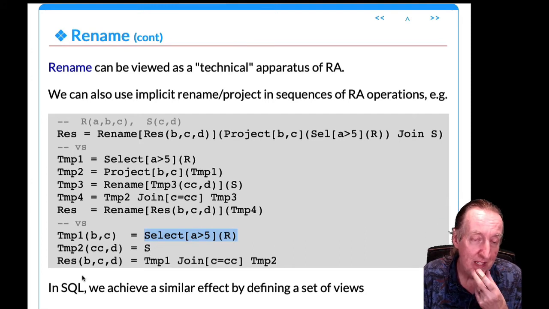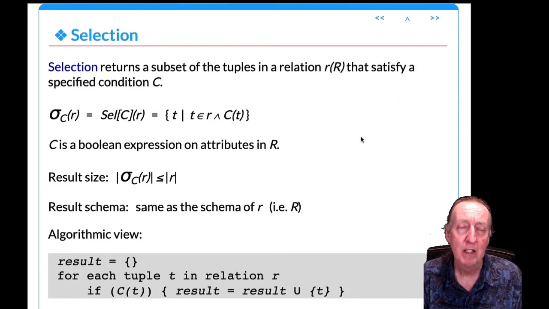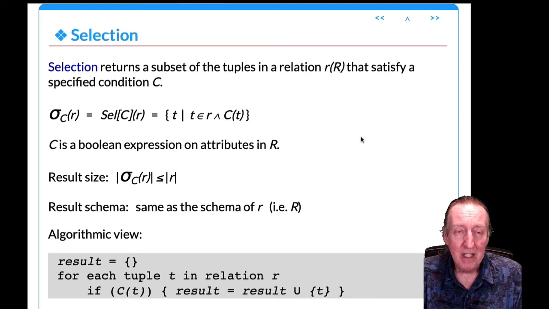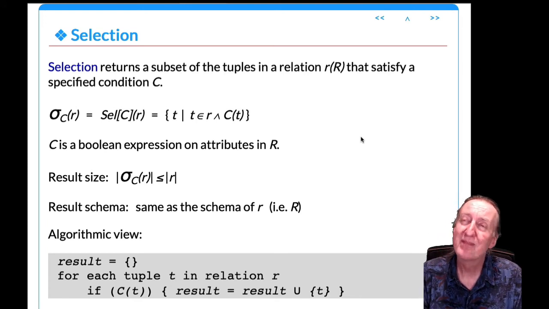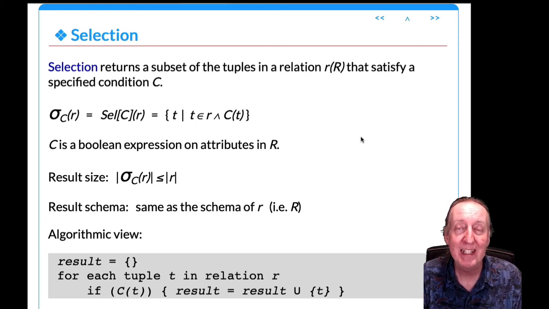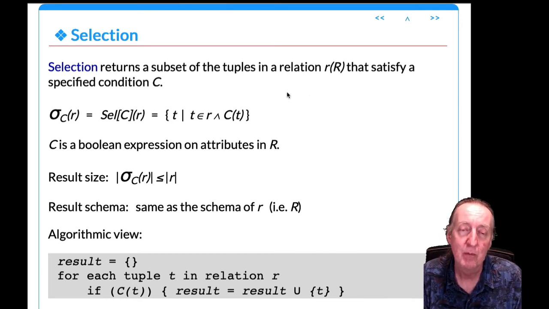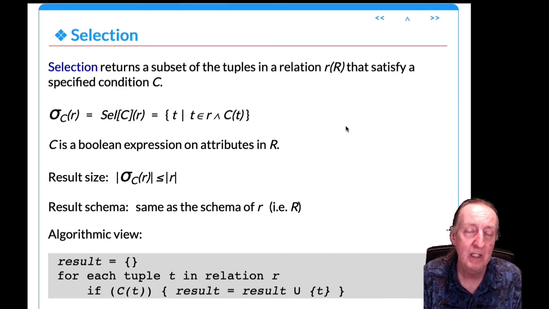And finally we could do a join on the two views, and that would produce our final result. Alright, so that's renaming. It's useful, but doesn't have a lot of semantic content about getting results out from a database. It's just making them look how you want them to look at the end.